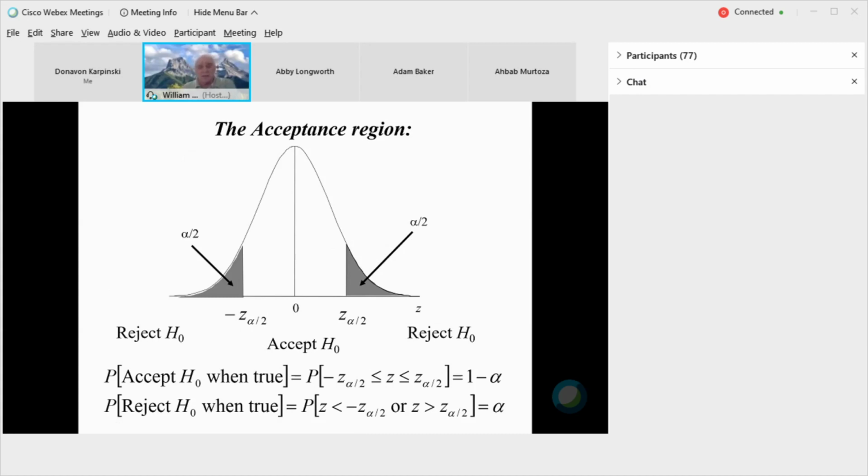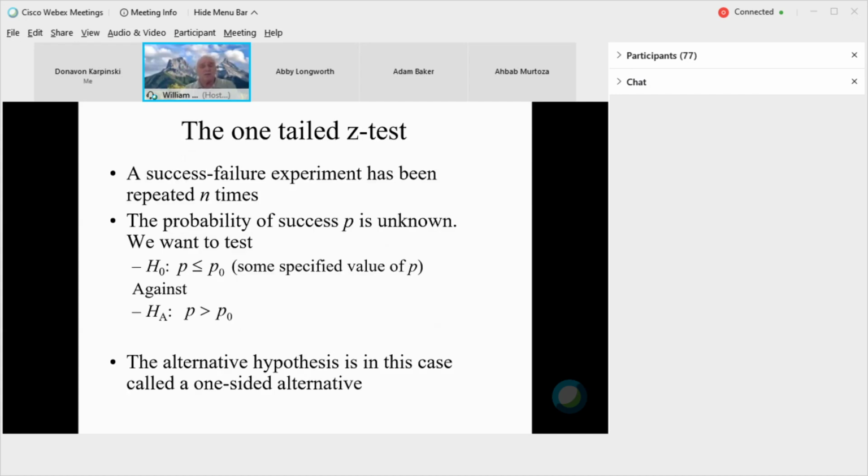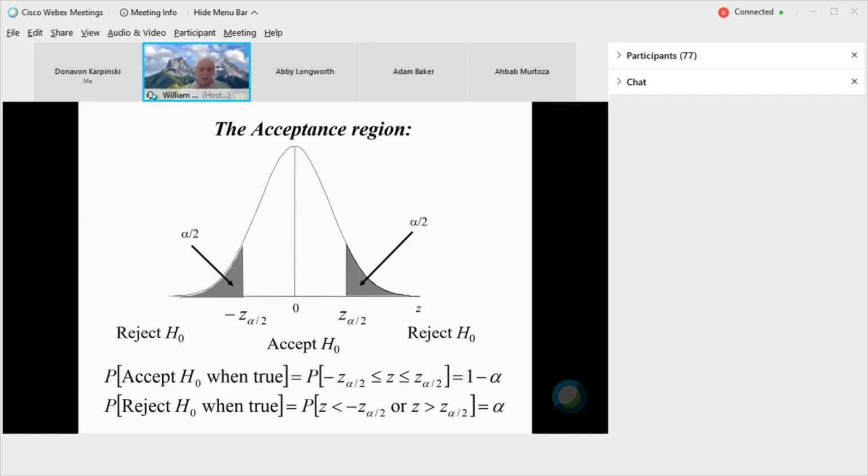There's a graph showing the distribution of Z if H naught was true, with the acceptance region and the critical region. The chance of falling in the acceptance region when H naught is true is equal to 1 minus alpha. That's what's called a two-tailed test. The critical region is split into two tails.